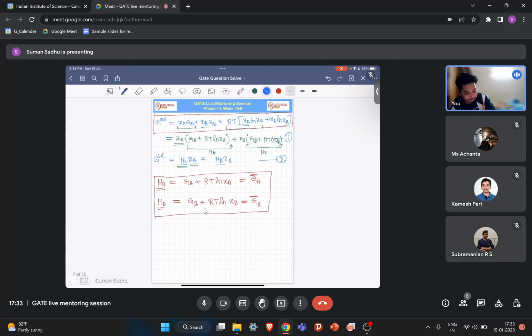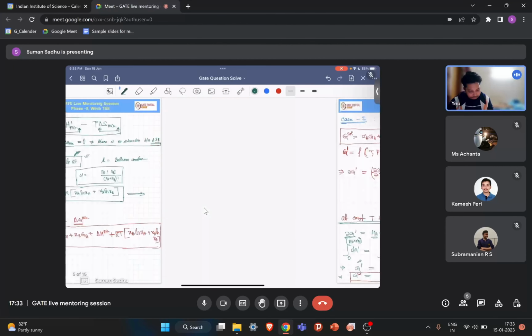Let's say case 2, regular solution. So now we'll discuss the regular solution model. In the regular solution model, your delta H mix is not equal to 0.